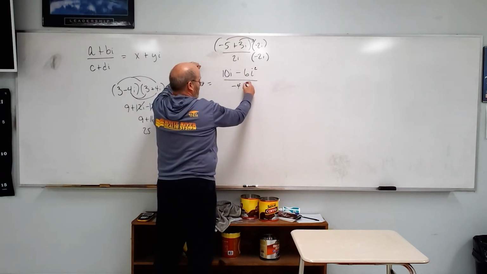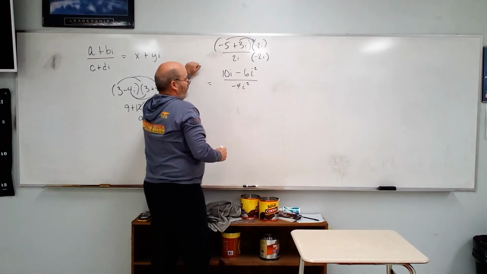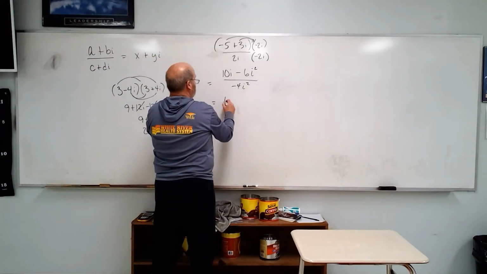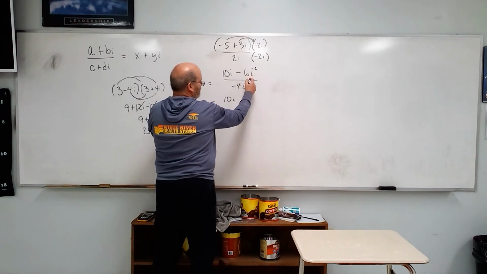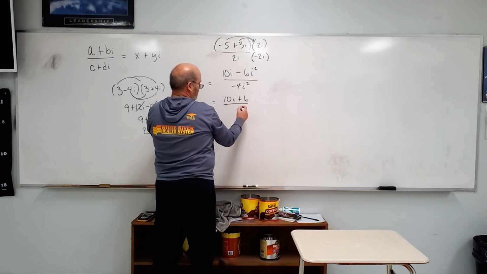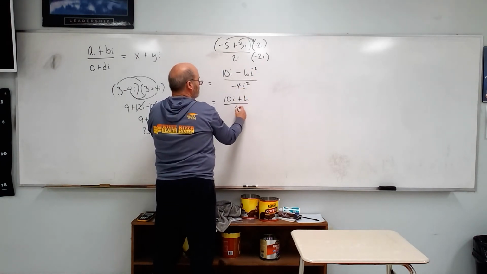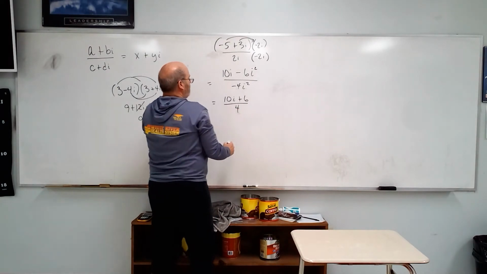And i times i is i squared. Recall again that i squared is negative 1. So we get 10i, and now minus 6 times negative 1 makes plus 6. Negative 4 times i squared is negative 4 times negative 1, so that's just positive 4.